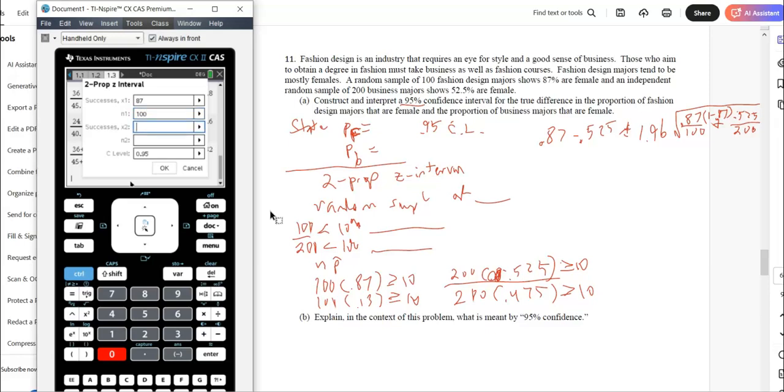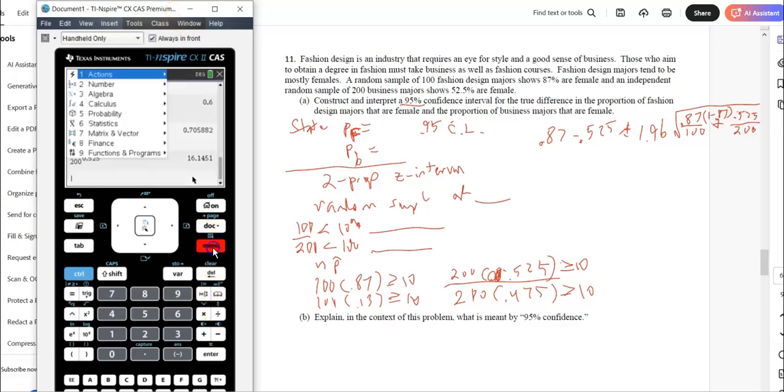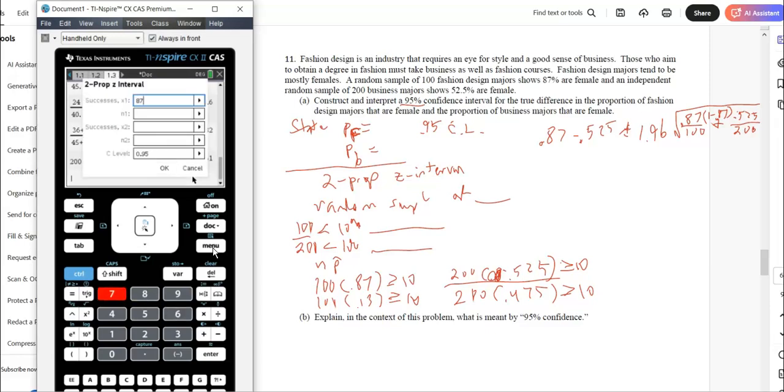The second one, let's do 200 times 0.525, so 16. So 87 and then 16. Menu 666, 87 out of 100 and 16 out of 200 and 95%.